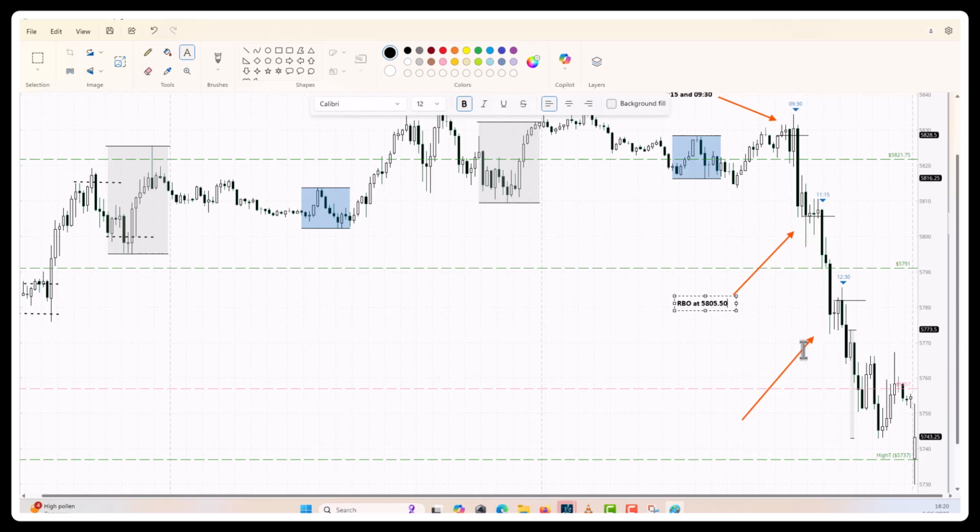It's a real breakout because we have a test from above. How many times? 1, 2, 3, 4 times, and then it breaks.